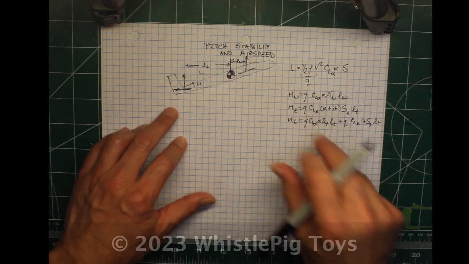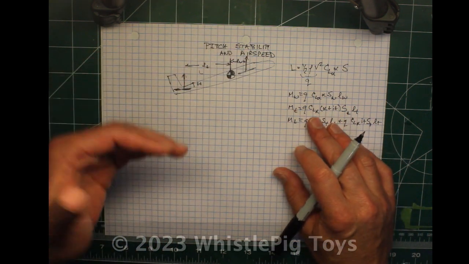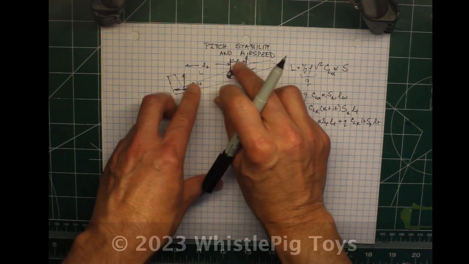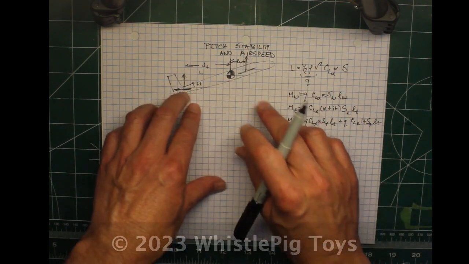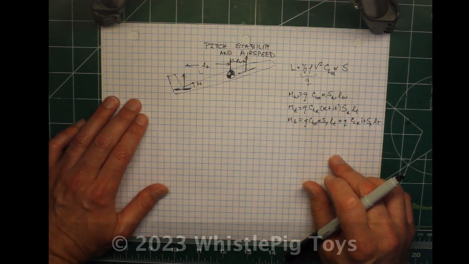So those are the two moments that are caused by the lift on the airplane's wing and tail. And yes, in fact, we should probably be correcting for this angle so that these lengths are always constant, but we're going to pretend that this angle is small enough that it doesn't change very much.